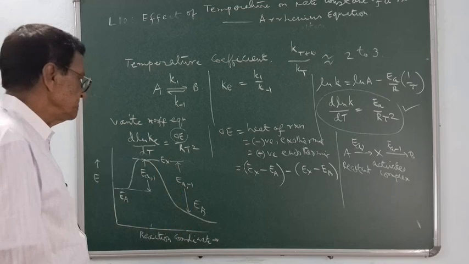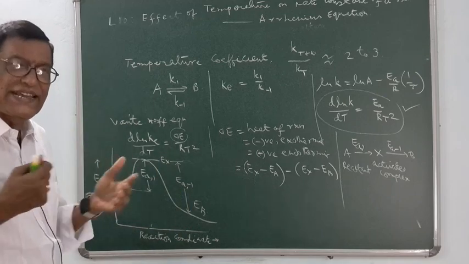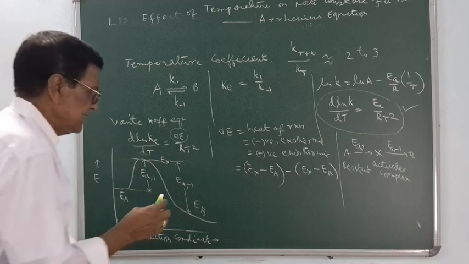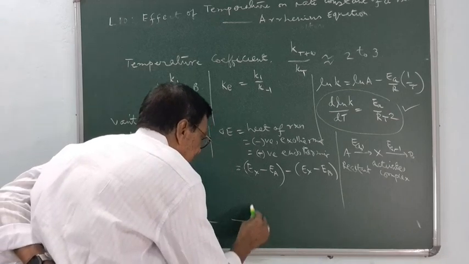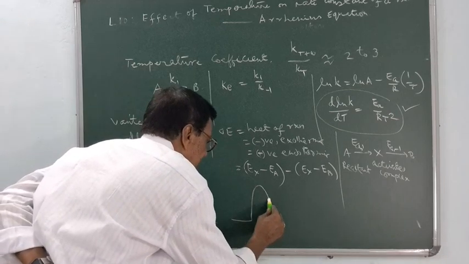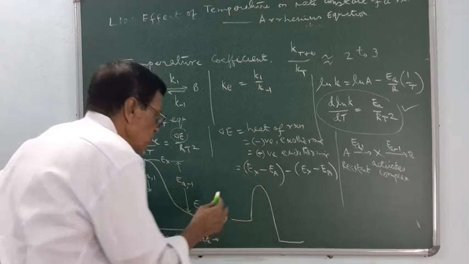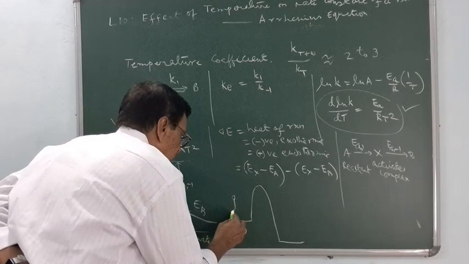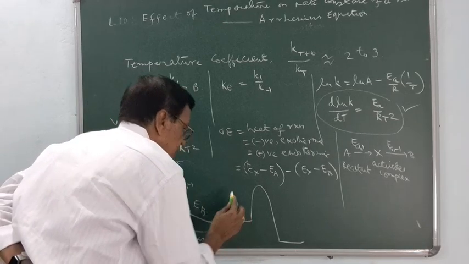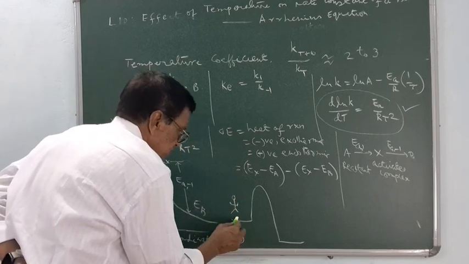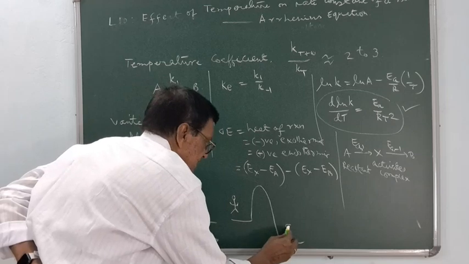So actually, suppose here is a plain land, here is the hill, and here is another plain land. Suppose one person is trying to reach from this to this.